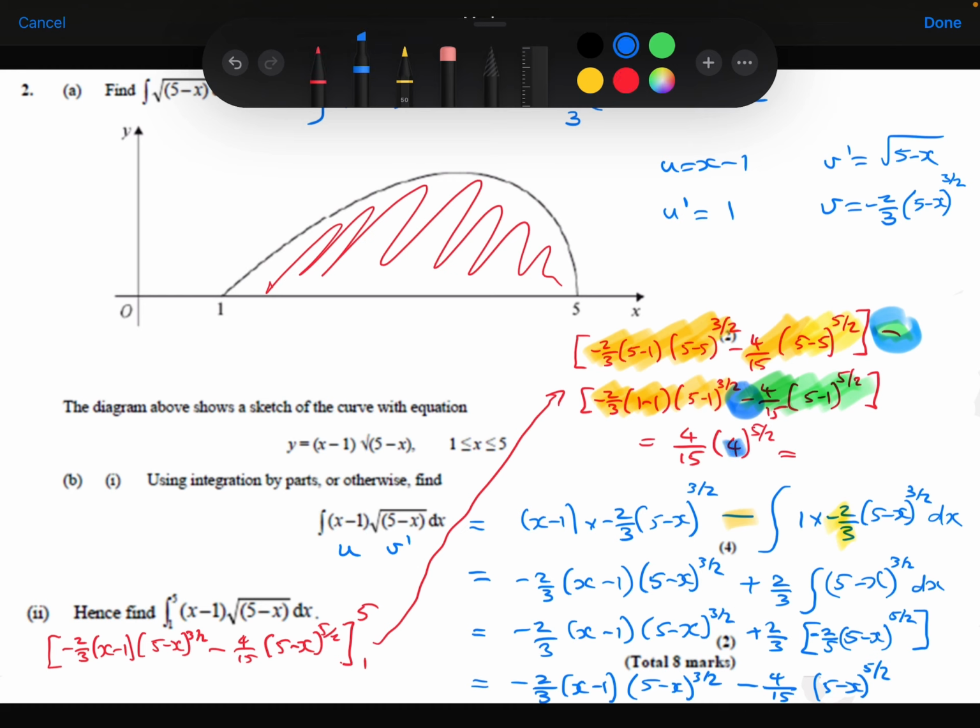The 4 to the power of a half means square root, so that's just going to be 2. So 4 over 15 times 2 to the power 5. So 4 over 15 times 32 will give me my answer, which is 128 over 15. And so that is my answer for part B II.